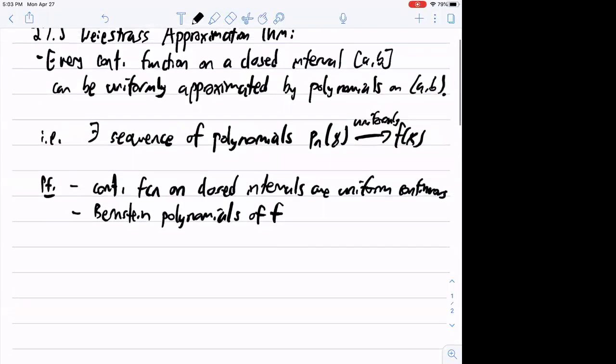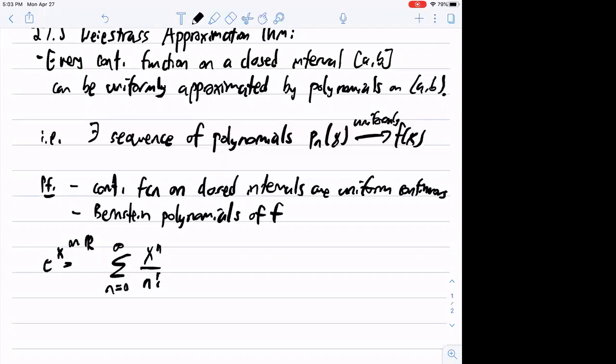Okay, so let me just say this is not really that surprising, right? Because if you recall, e^x on R, forget [a,b], was given by a power series, right? A power series is kind of like a polynomial, except it's of infinite degree.